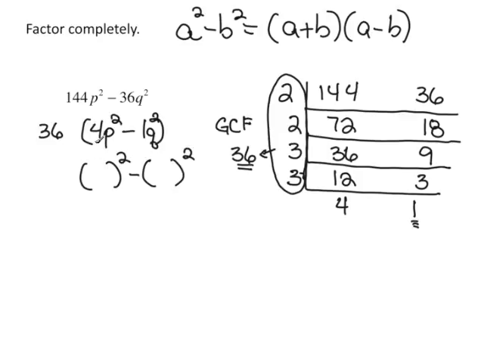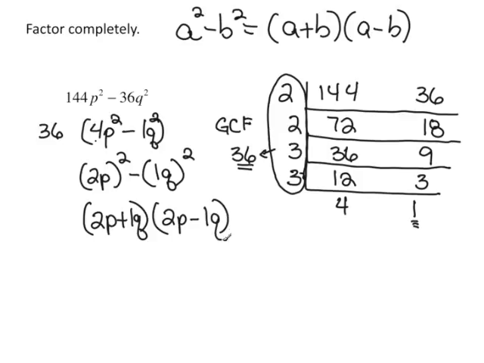I noticed that 2p times 2p would give me the 4p squared, and then 1q times 1q would give me this 1q squared. So because I'm able to write it as a term that's being squared minus another term that's being squared, my answer is going to be 2p plus 1q, 2p minus 1q.